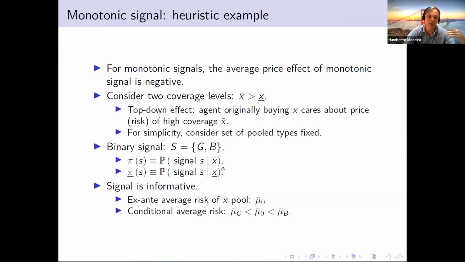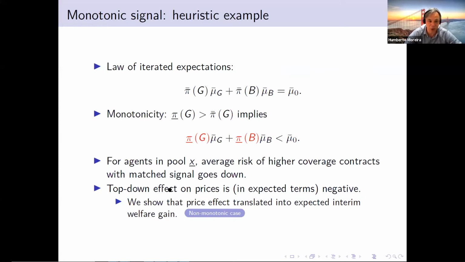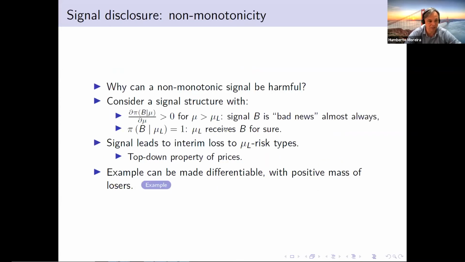As you disclose a good signal, it means that this is going to be good news about the types that are choosing higher risk, higher coverage level than you, because of the top-down effect that I showed in the formula before. And because of this channel, I can relax the incentive compatibility constraint when I disclose a monotonic signal, a signal that releases more information about high risk when the signal is bad and good risk when the signal is good, right? That's a little bit the logic behind this argument that I don't have time to go through.